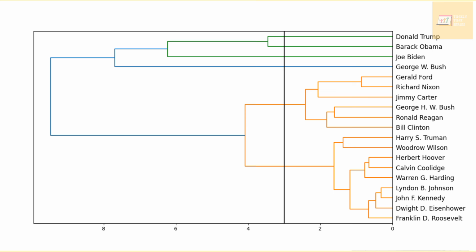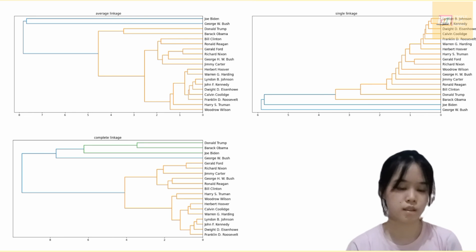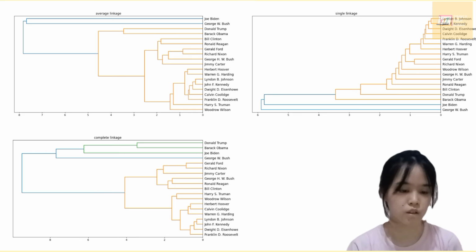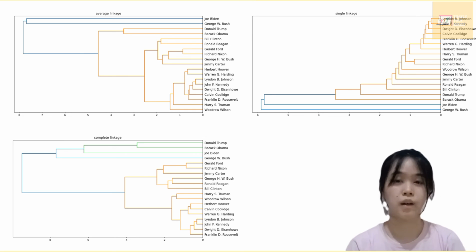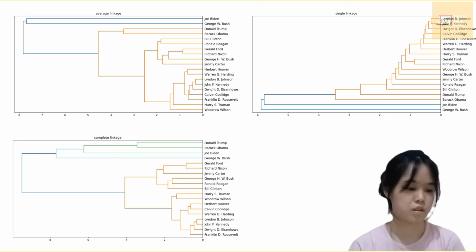But if we cut the dendrogram higher, then we would have fewer clusters. Okay, so you can see how different they look. Maybe you will say that, well, the average linkage and the single linkage are quite unbalanced, meaning that there's one cluster that is so big and has many members, while the other cluster has only 1 or 2 members.